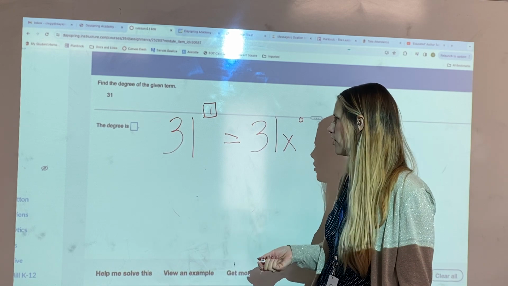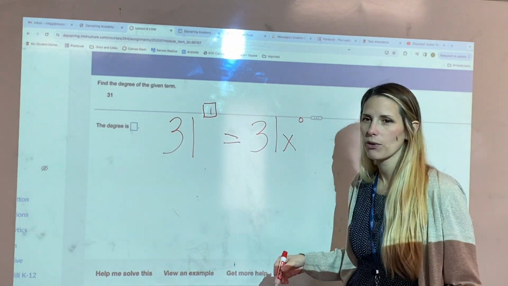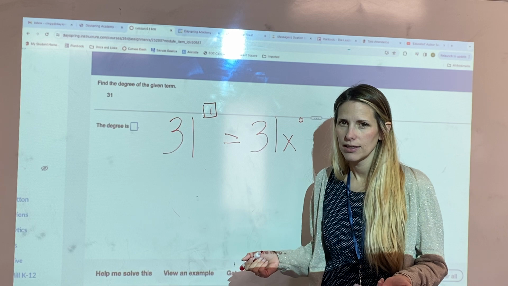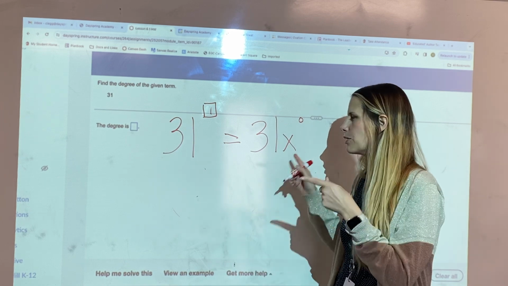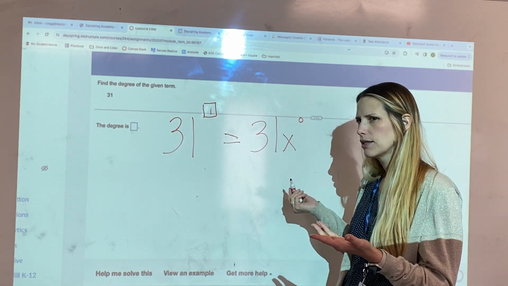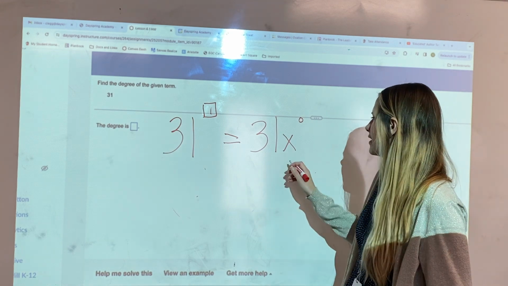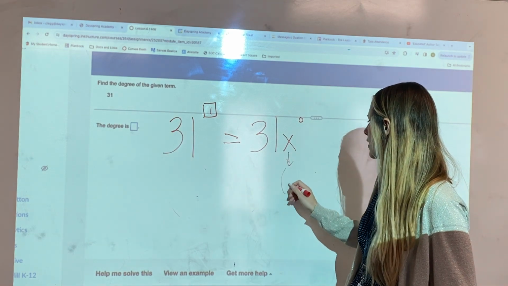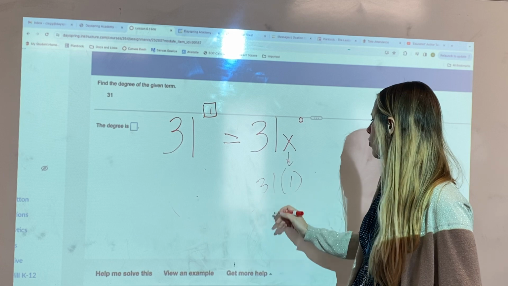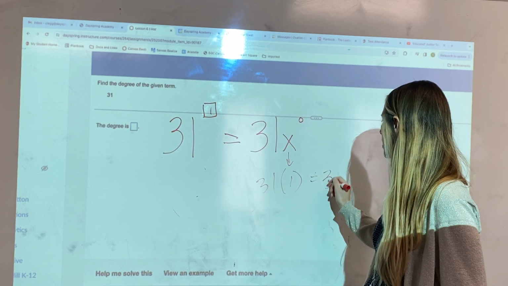It doesn't change the value because x to the 0 power equals 1. And 31 times 1 is 31.